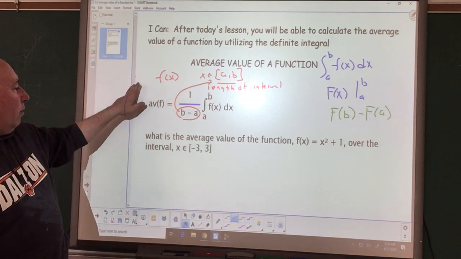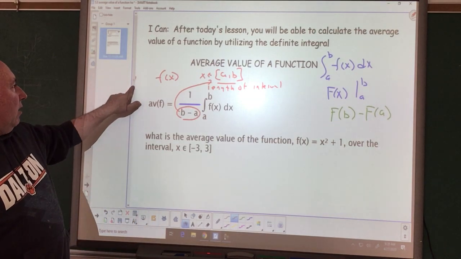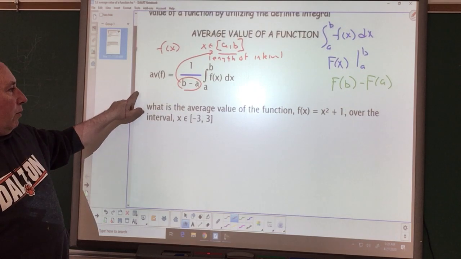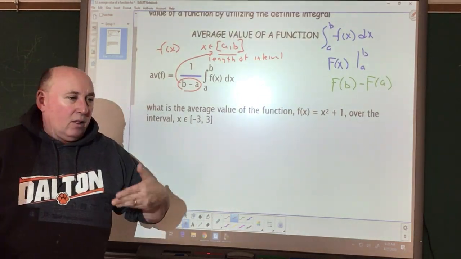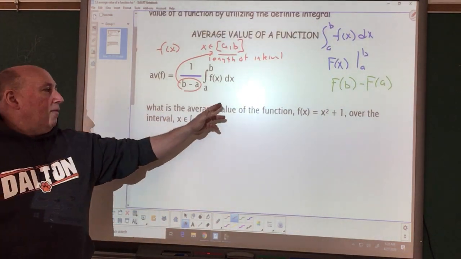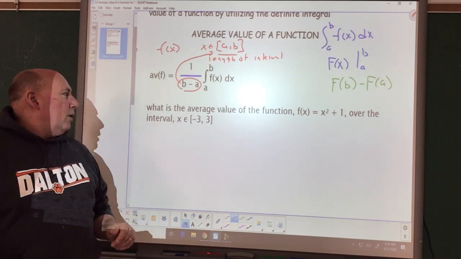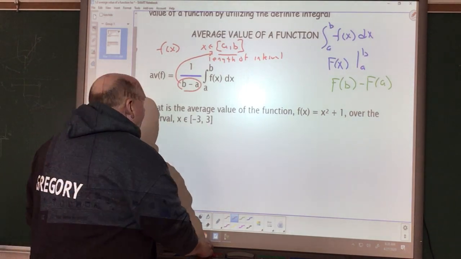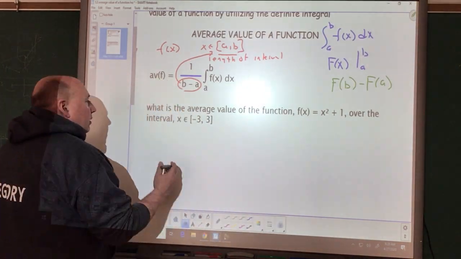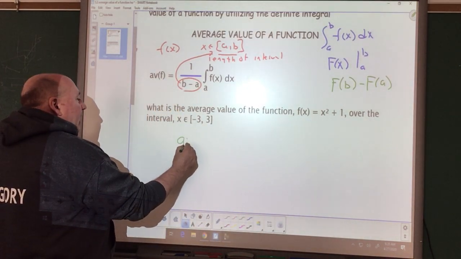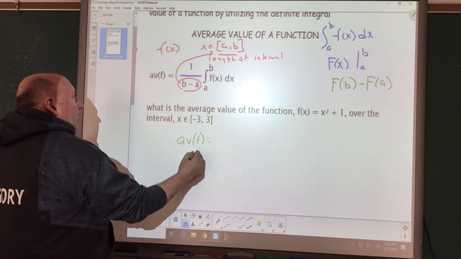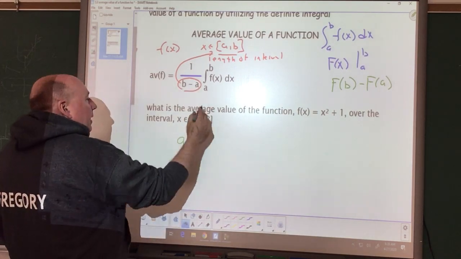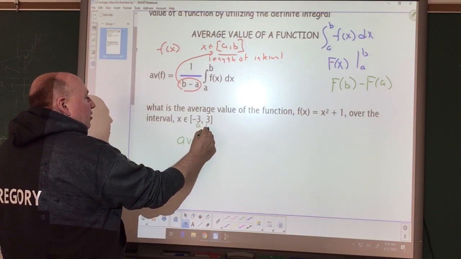What we will be covering today is not very long. We won't be dealing with a very long process here, but the average value of the function x squared plus 1 over the interval from -3 to 3. We want to find the average value of this function. So the average value of the function is 1 over b minus a. Well, here's our a, here's our b.